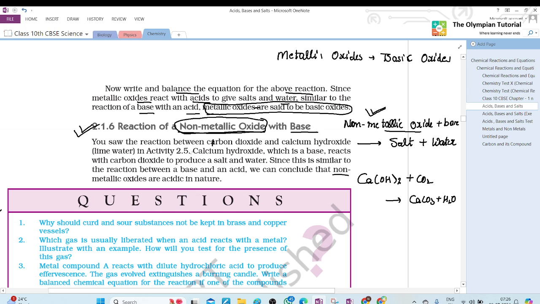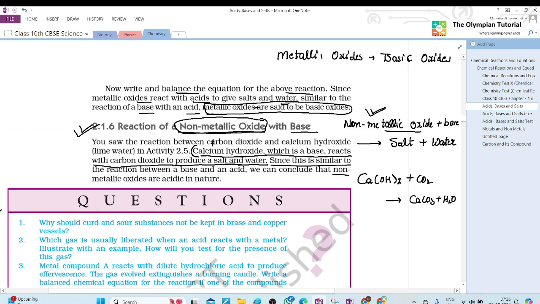After that you have to write: calcium hydroxide, which is a base, reacts with carbon dioxide to produce a salt and water.